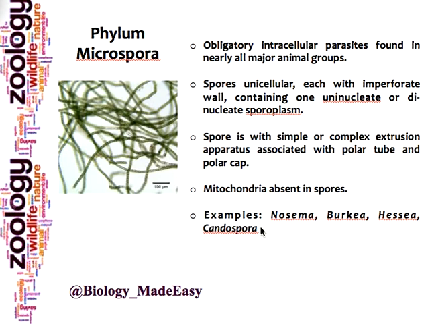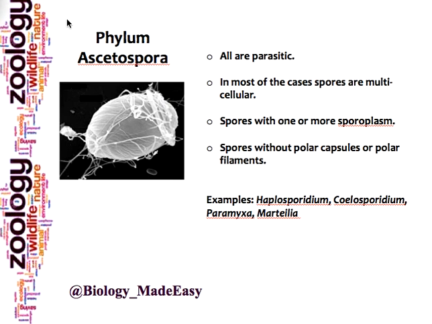Important examples are Nosema and Barkia. It is interesting to note that the members of Phylum Acetospora are all parasitic, and in most cases the spores are multicellular. These spores have one or more sporoplasms and are without polar capsules or polar filaments. An example, very easy to remember, is Paramyxa.